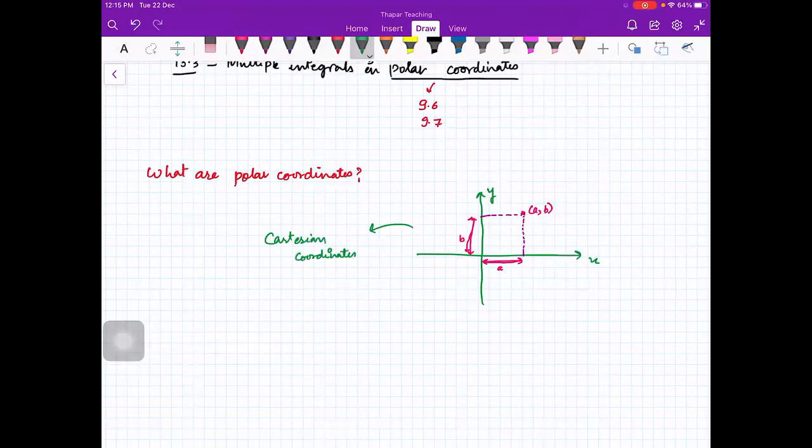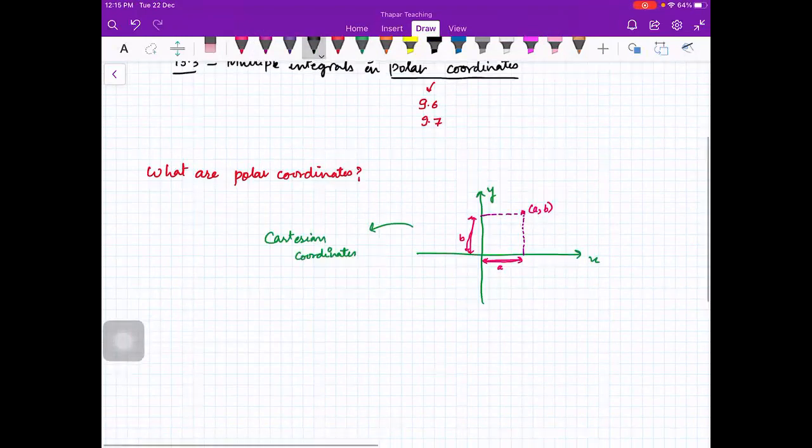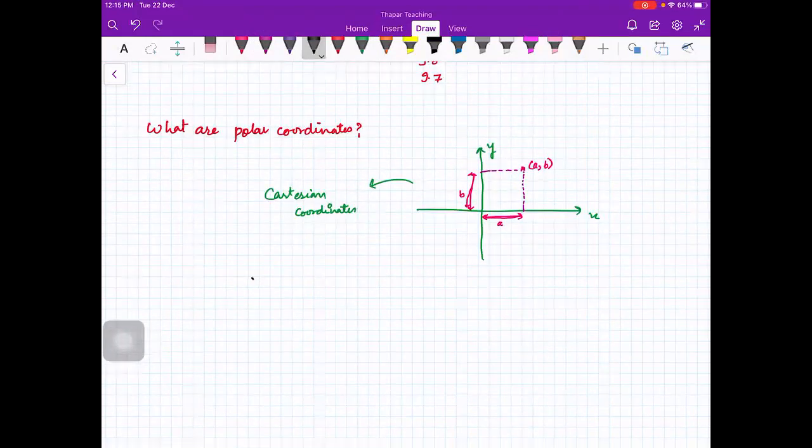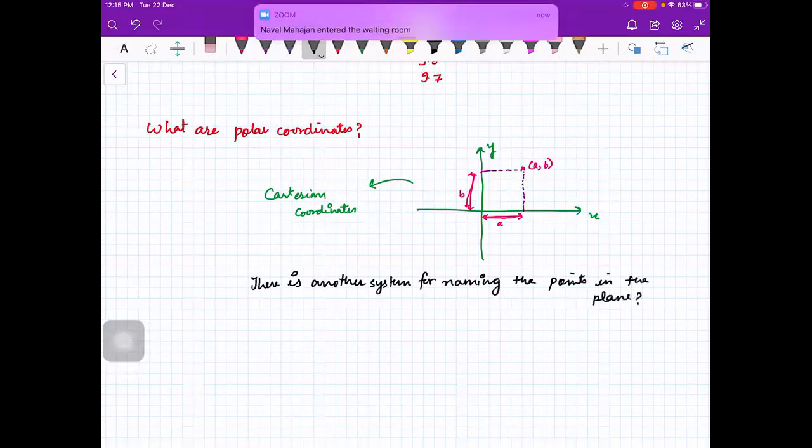Now we have another system of naming every point in the plane. Right? So why do we need another system if we already have Cartesian coordinates?